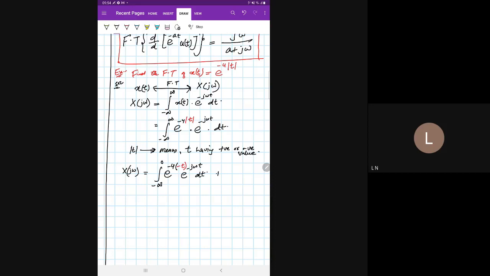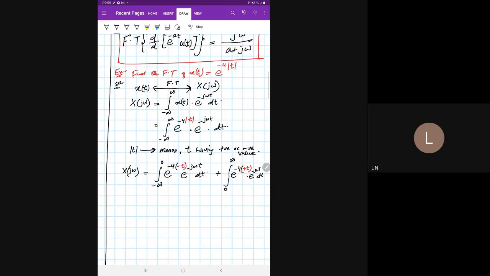What is the other part? t can be positive also. Then we have e raised to power minus 4 times positive t, e raised to power minus j omega t dt, and when t is positive the limits will be from 0 to plus infinity.